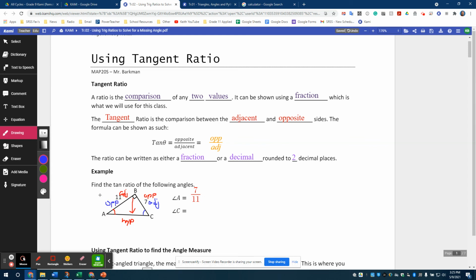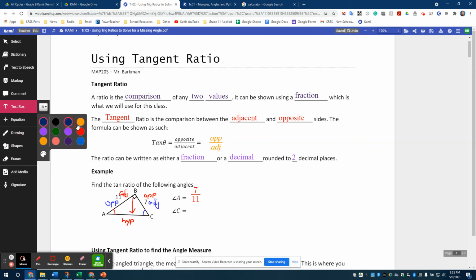That means our tan ratio for C is different from A. Our tan ratio for C, opposite over adjacent, will be 11 over 7.